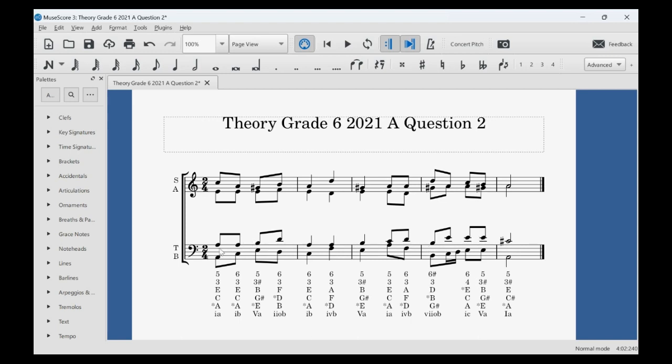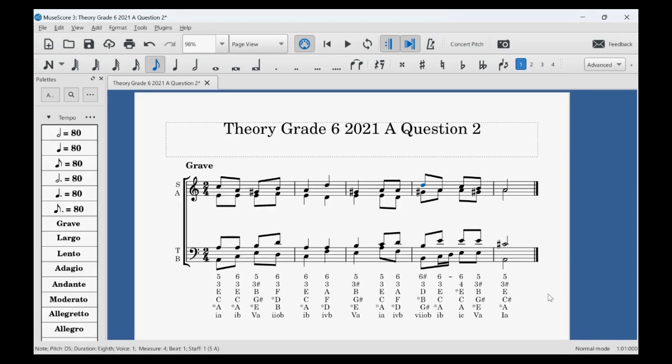We could have more answers or different answers for question 2, but the main idea is to be able to know the notes that you need to double and try to avoid the overlapping rules, all right? And that sums up question 2. Let's have a listen.